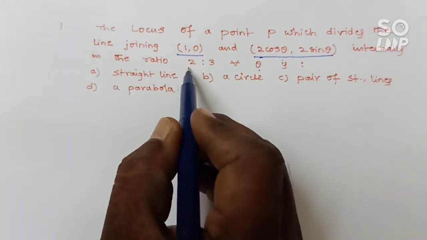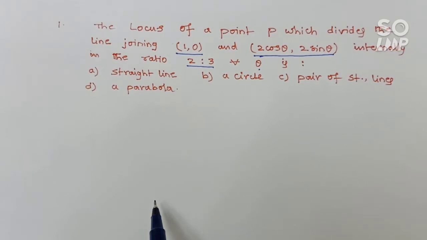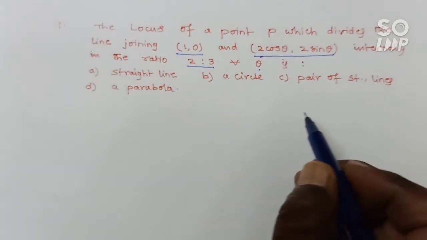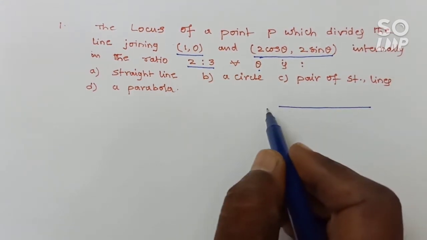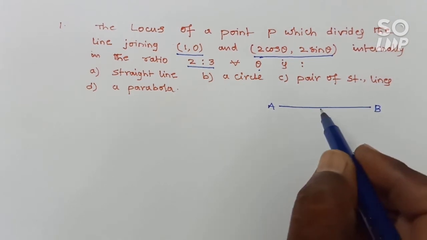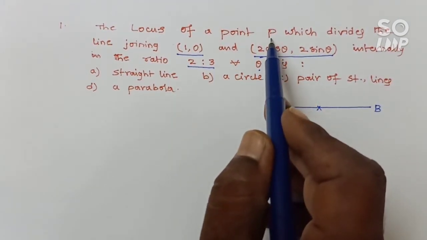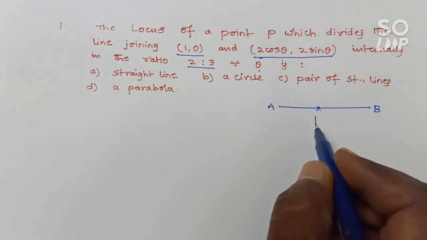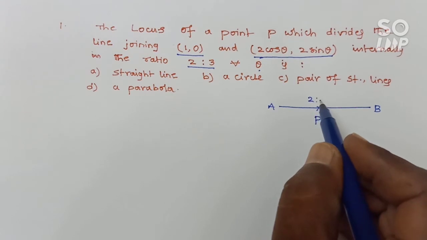Here the ratio is L is to M. Let this one be A and this one be B. Here we have to find the locus of P which divides AB in the ratio 2:3.